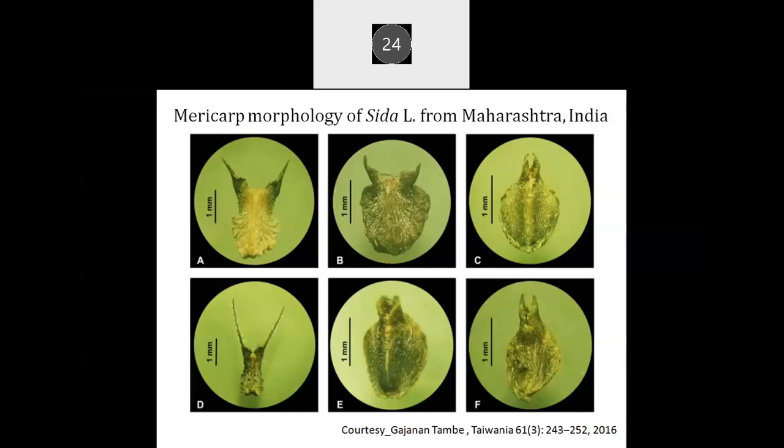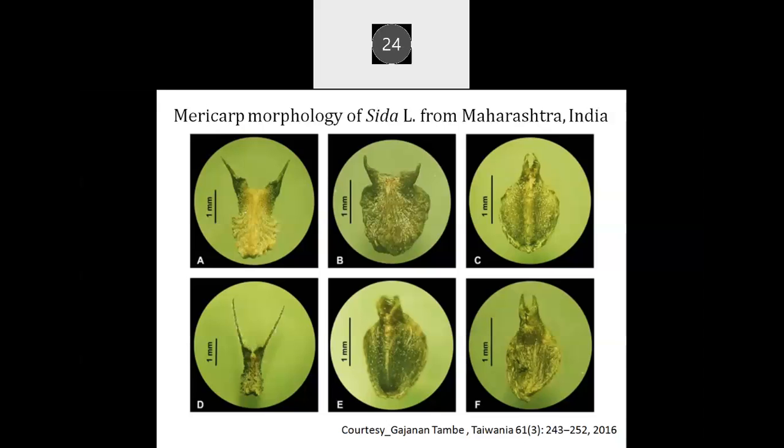During identification of Sida species, it is necessary to find the actual characteristics of the mericarp. If you can diagnose the mericarp characteristics, then you can identify the species, because there is morphological resemblance among the species and we can't identify them otherwise.